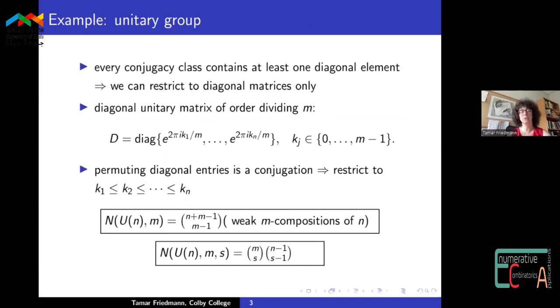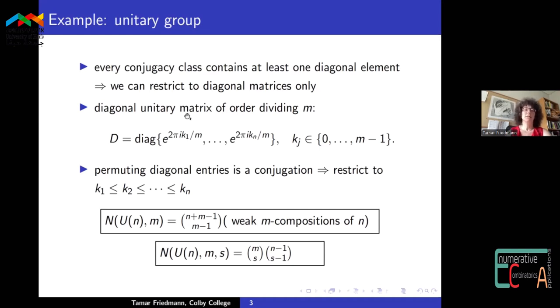So let's think about the unitary matrices. We all know that we can conjugate a unitary matrix to a diagonal matrix, and that means that every conjugacy class in the unitary group meets a diagonal element. That means that if you're going to count conjugacy classes, we can think about the diagonal matrices only, and we don't have to think about the entire unitary group.